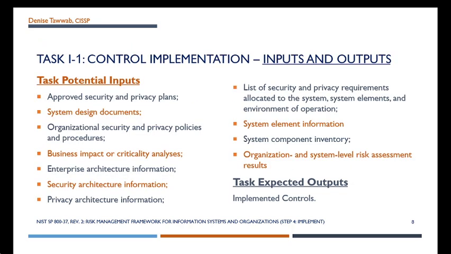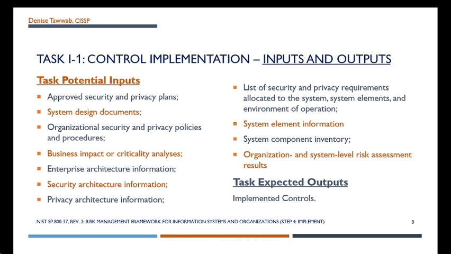The inputs to control implementation include your security and privacy plans that you created in the select step and had approved by the authorizing official, system design documents, your security and privacy policies and procedures, business impact or criticality analyses, enterprise architecture information, security and privacy architecture information, a list of the security and privacy requirements that have been allocated to the system, to system elements, and to the environment of operation.